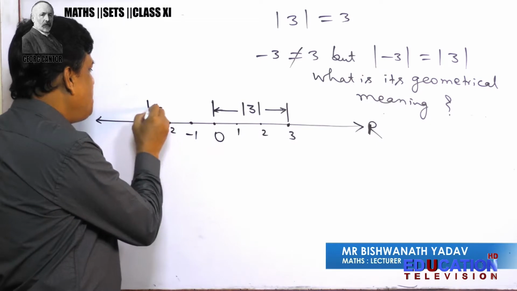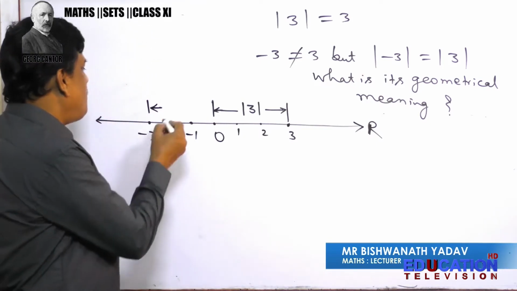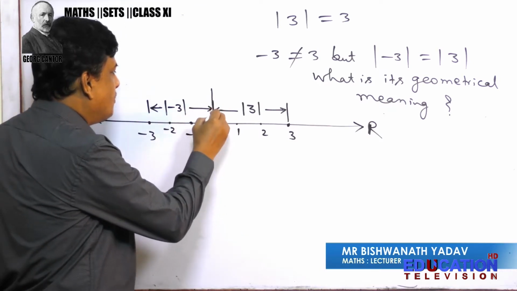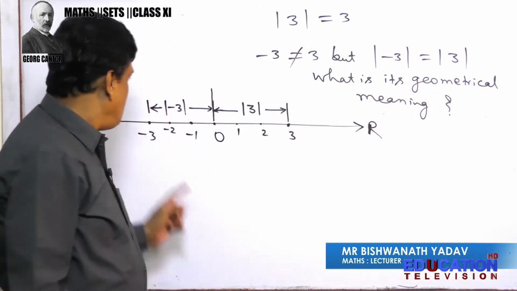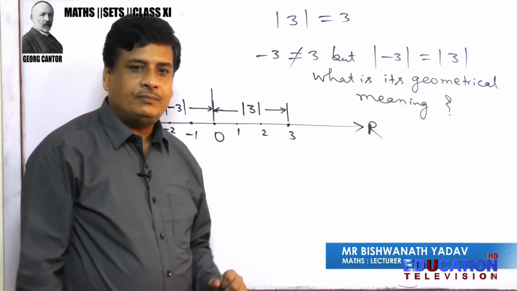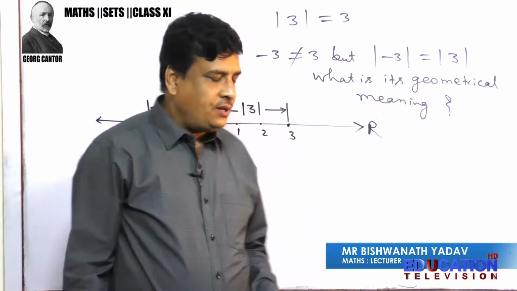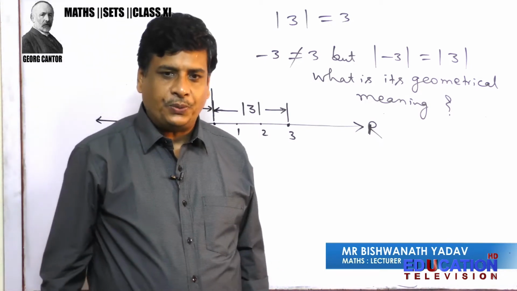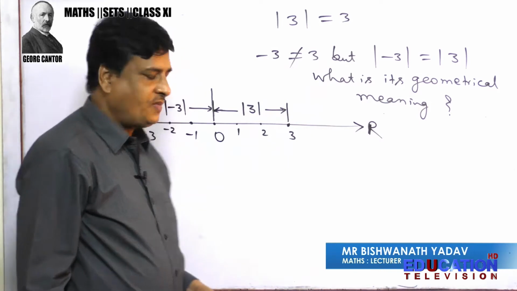So how do we represent it? We can represent it by the modulus of minus 3. So what we observe: minus 3 and plus 3 are two different points on a straight line, but they are at the same distance from 0. So this is the geometrical meaning of this relation.